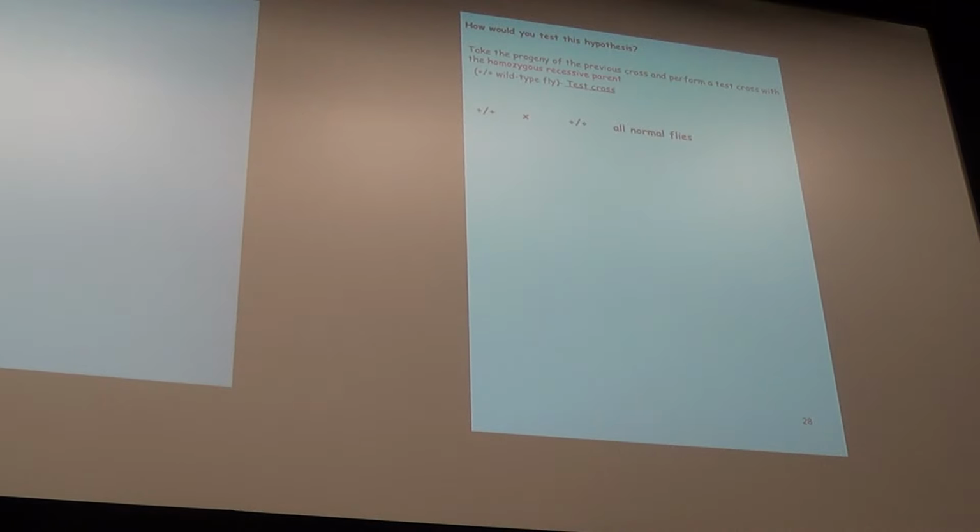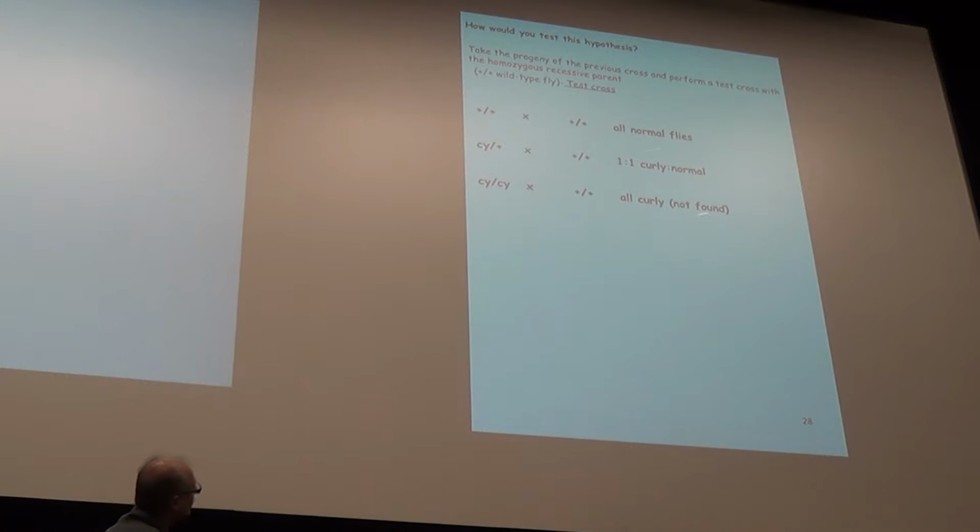So, you take the plus plus, cross it to the plus plus, you should get all normal flies. If you take the heterozygous curly, cross it to the homozygous recessive, 50% should be curly, 50% should be normal. And if you take the curly homozygous, if they are present and alive, and you were to cross it, you should get all curly.